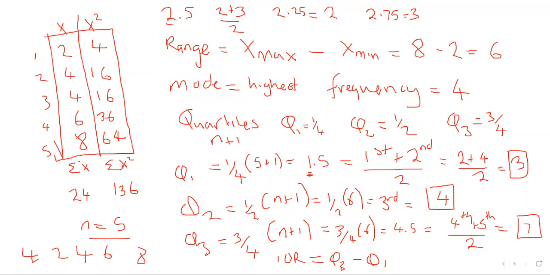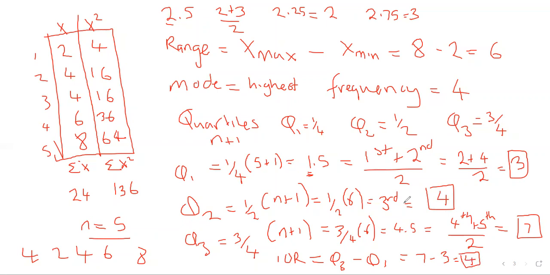Subtract the Q3 and the Q1. So that is 7 minus 3. What do we get? We get 4. Right. So that is how we find the interquartile range.